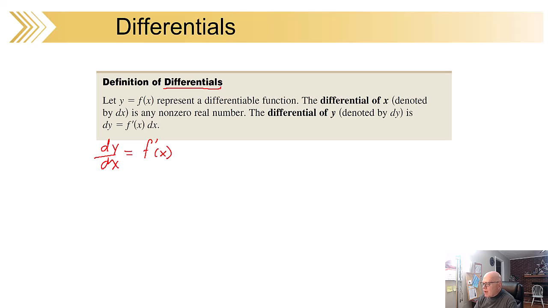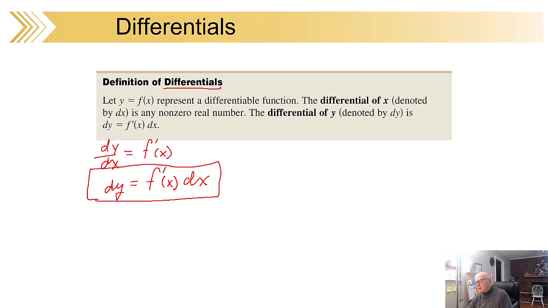So if we think of this as a real denominator number, multiply both sides by a dx. And what you'll have is on the left side, the dx's will cancel, and you'll have dy equals f prime of x times that dx we multiply both sides by. And this is what we're going to be using to do some really neat stuff, and easy too.